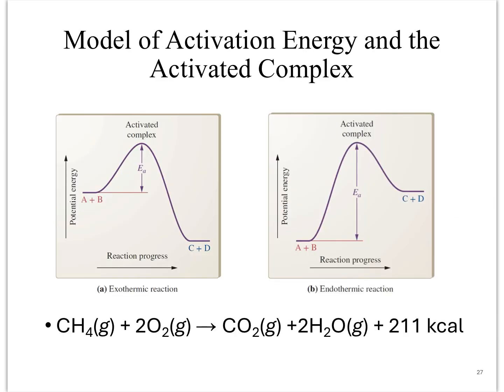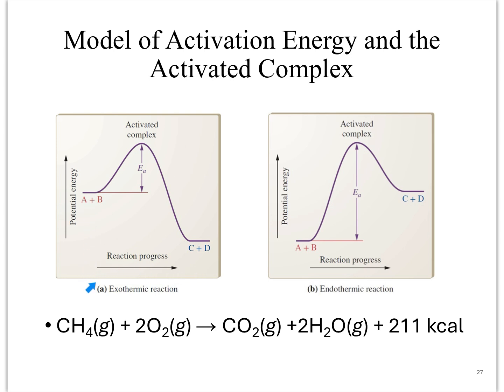Now we are going to look at a so-called energy reaction coordinate diagram. What we are seeing here is a coordinate where the y-axis is so-called potential energy, that is the energy involved inside this reaction, and the x-axis is reaction progress from left to right.